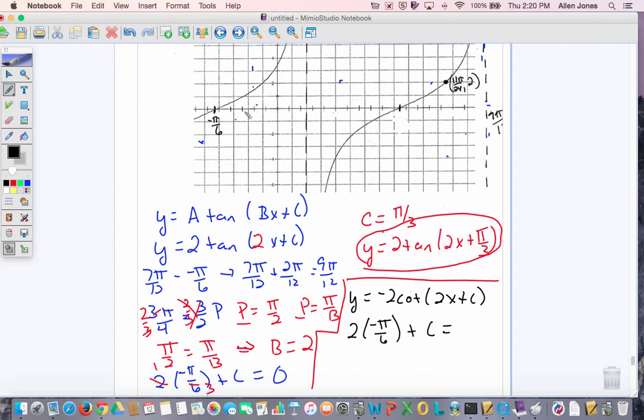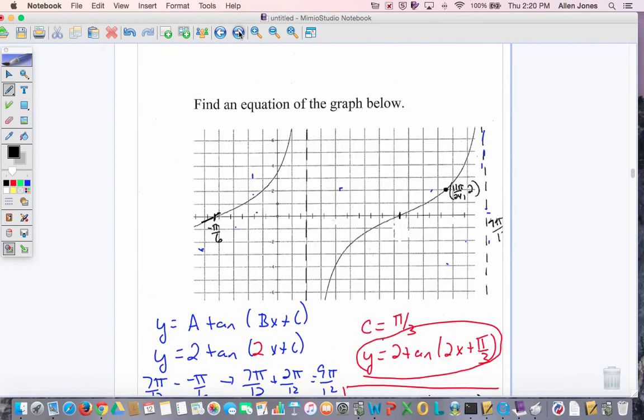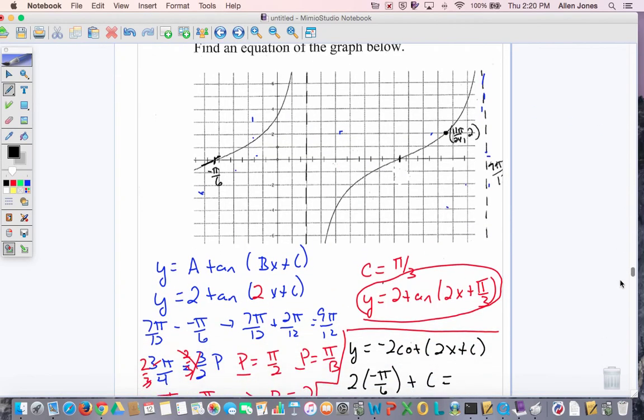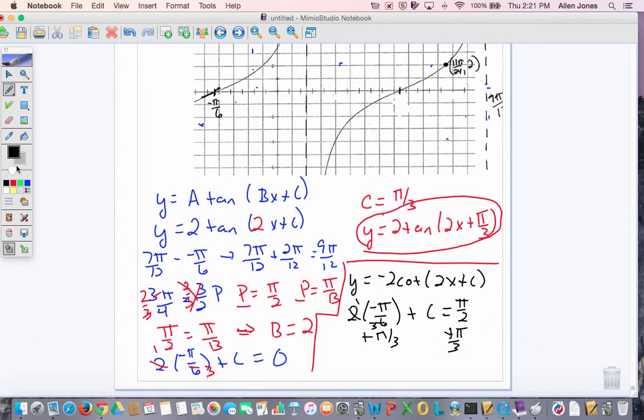So I take my argument, I'll use the same x value, solving for c. Going back 2 pages, I'm looking where it goes through the x-axis. So going back 2 pages, cotangent goes through the x-axis here at pi over 2, which means I'll go back here and set my argument equal to pi over 2. So again, this is negative pi over 3, so I'm going to add pi over 3 to both sides.